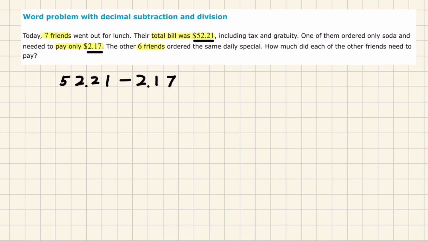Once we find out how much that is, we'll know how much the other 6 friends will need to split. And for a subtraction, we would need to rewrite this vertically. 52.21 minus 2.17 with the decimals lined up. I know my decimal location will be right below, and then we can just subtract.